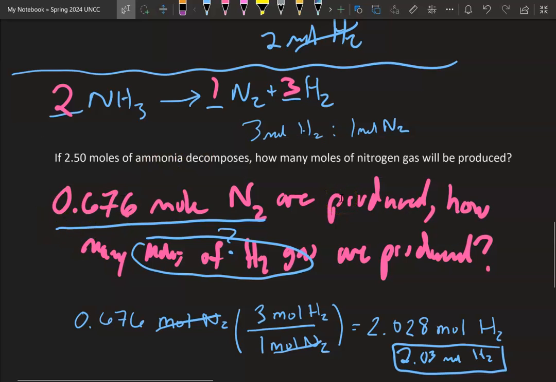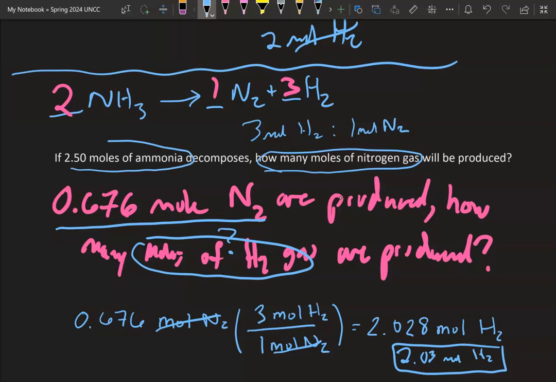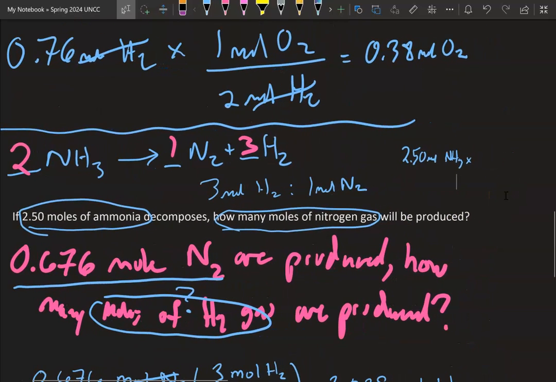All right, so this question says how many moles of nitrogen gas, and we're given 2.5 moles of ammonia. So we need nitrogen gas, so we're going to take the 2.50 moles of ammonia, and we're going to multiply that by the ratio because we're going from moles to moles.